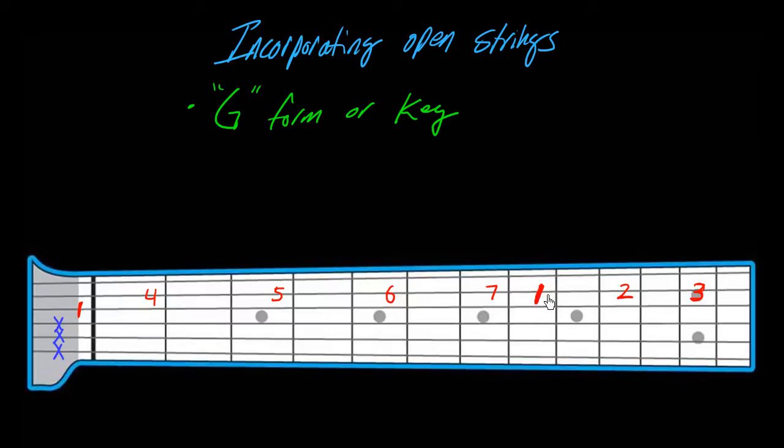And if I were to play any one of these notes along with this open G, it's going to have that open string incorporated with this scale. And it's going to sound pretty unique.